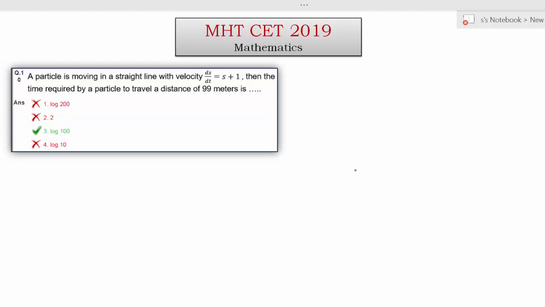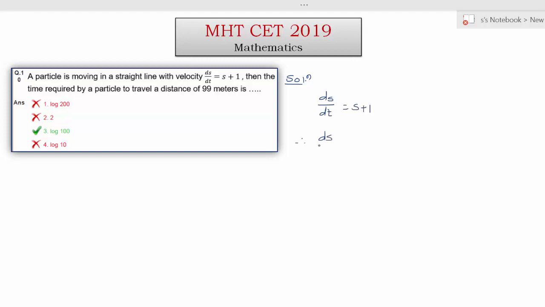Okay students, let's go to question 10. A particle is moving in a straight line with velocity ds by dt equals s plus 1. Then the time required by the particle to travel a distance of 99 meters is. Alright, let's start. We have ds by dt is equal to s plus 1.